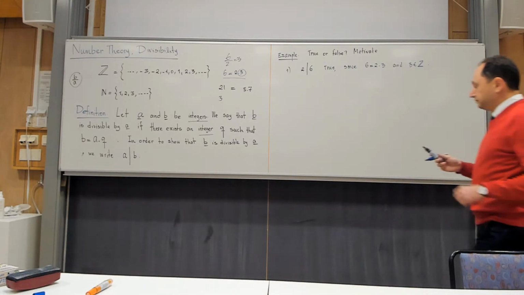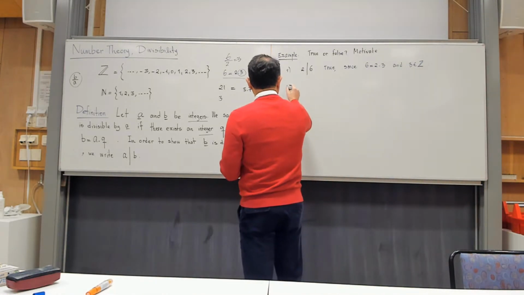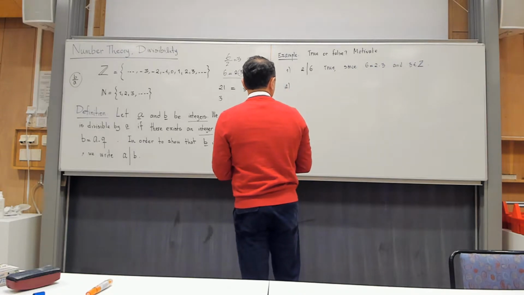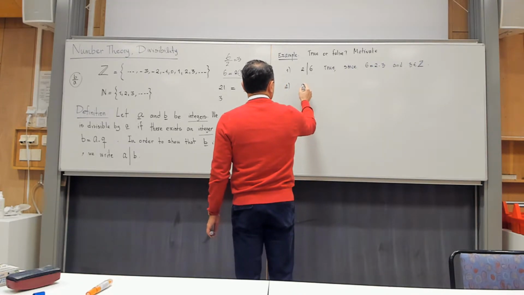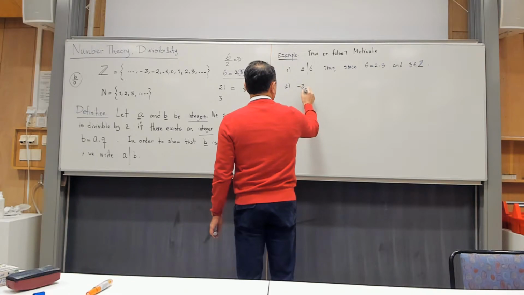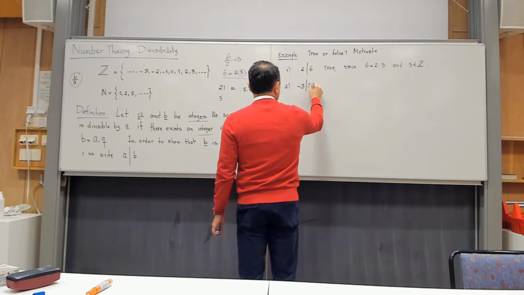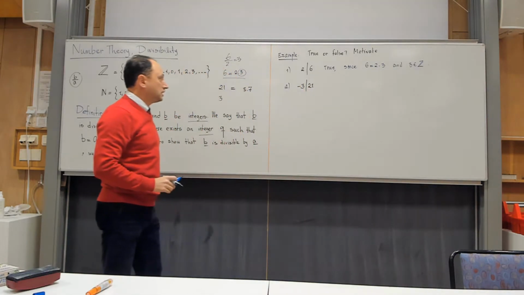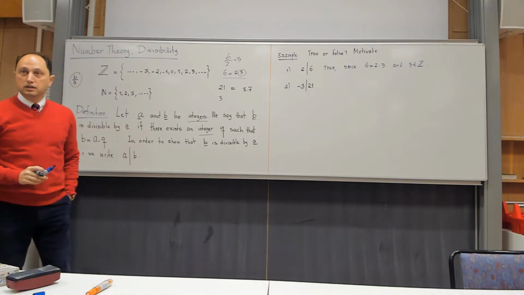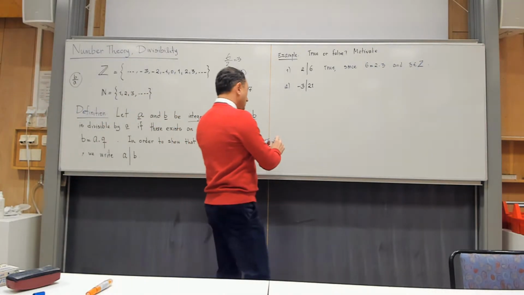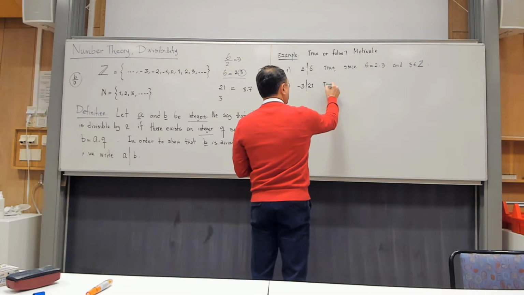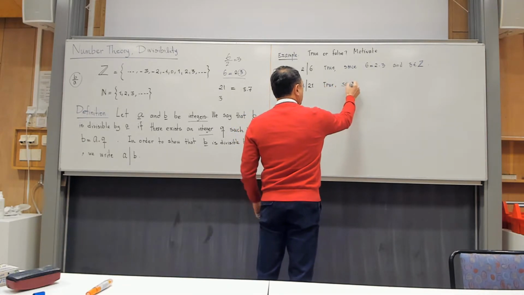Okay, for example, number 2, minus 3 and 21. Let me write it like this. Is this statement true or false? Yes? So it is still true. Why? Since, what can I write?